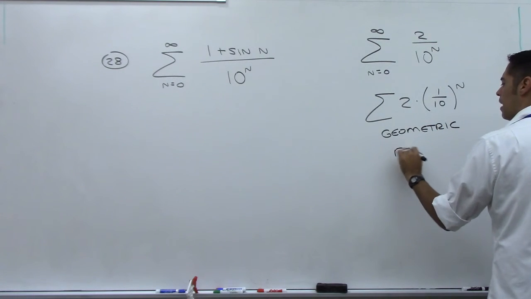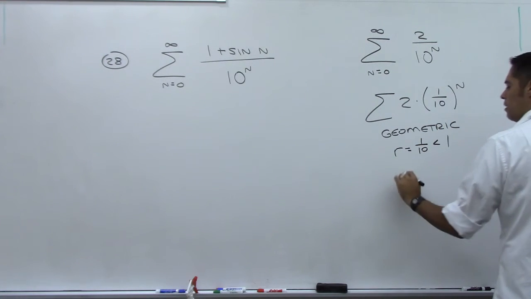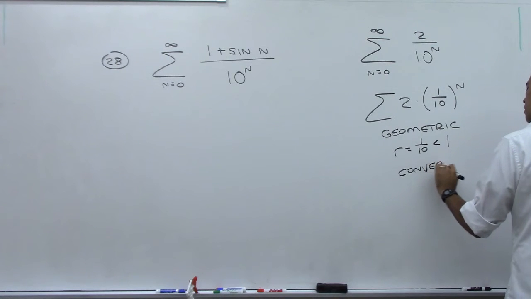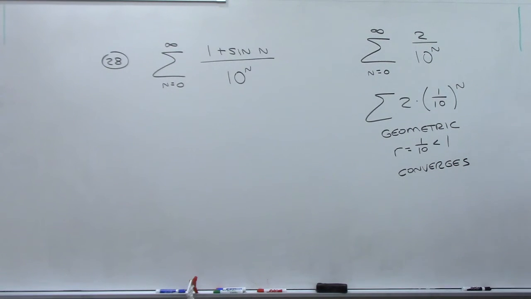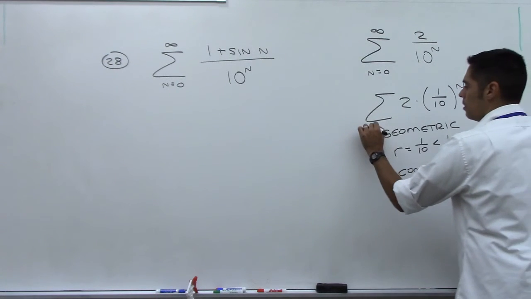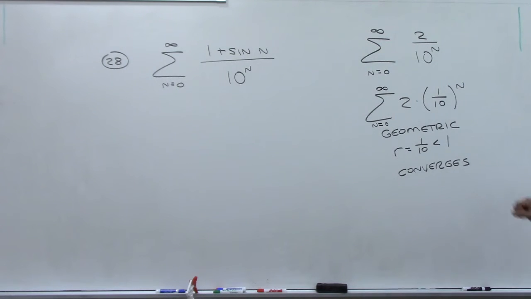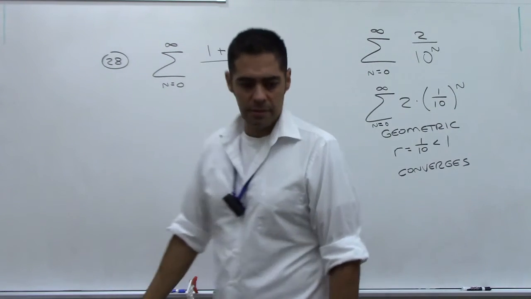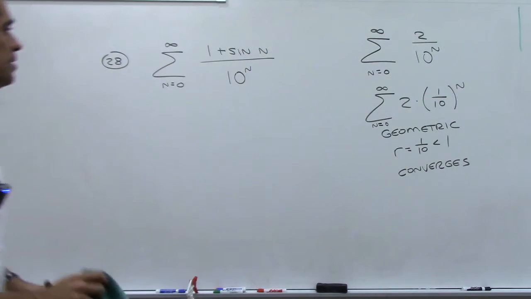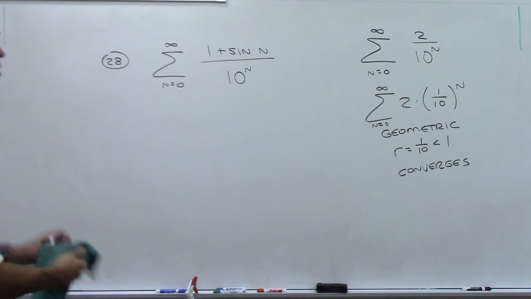The r we have is 1/10, less than 1, converges. I hope I've made the point that you do not have to rewrite this as n minus 1 and all that, because it doesn't really matter. We just want to recognize it's geometric. Although, because it starts at 0, that would have been fine. We'll just leave that as is. Okay, convergent.